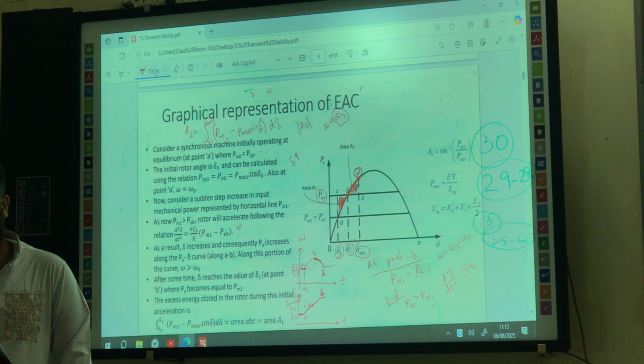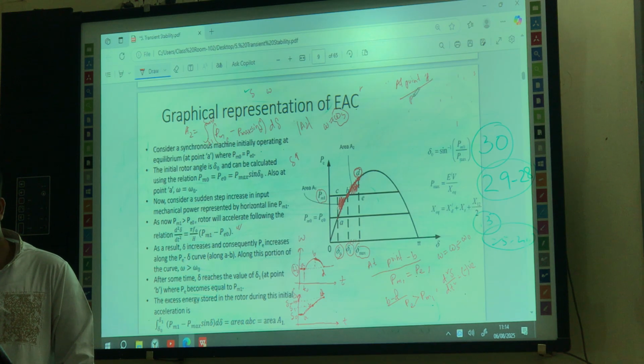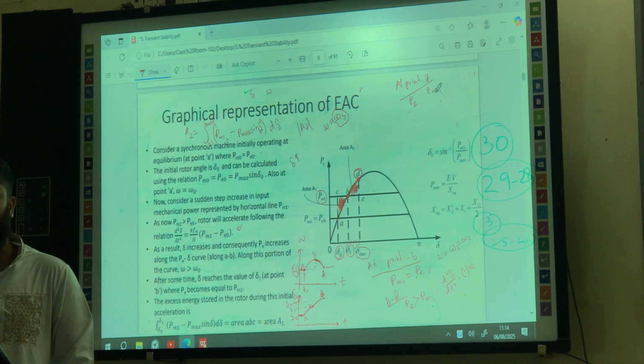At point D, what is the relationship between PE and PM? Now the PM is actually PM1, because we have increased our mechanical input power, right? What is the relationship at point D? This PE is higher than PM1, right?